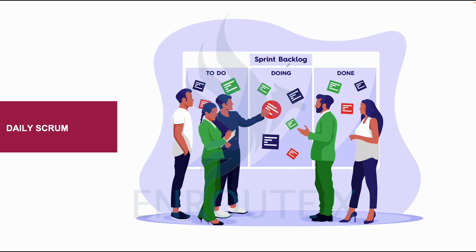Second thing, or second question, is what are you doing today? So each member takes turn to walk around what was done yesterday, what would be done today, and the third one, if there are any blockers or any problem or any impediments that need to be resolved. That is what the Daily Scrum is all about.